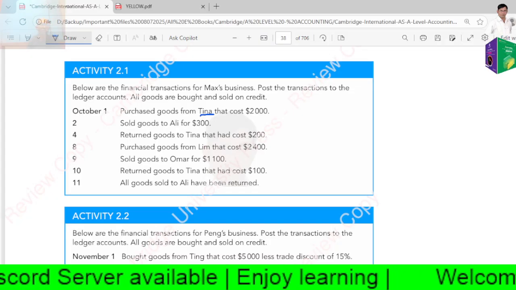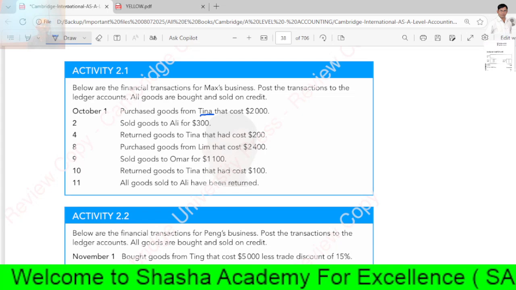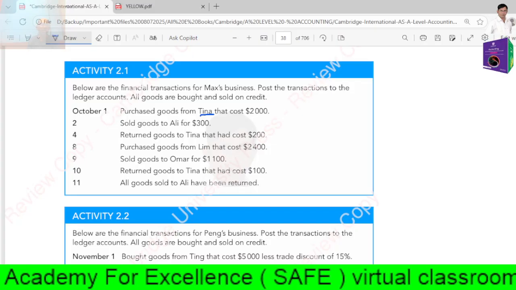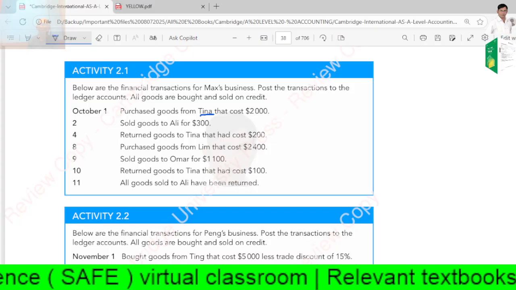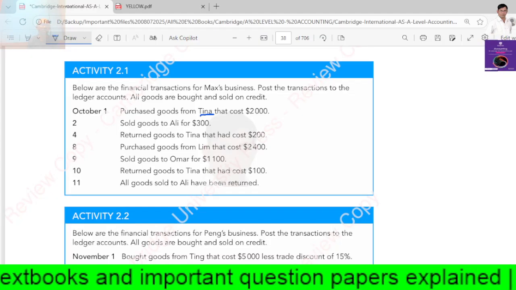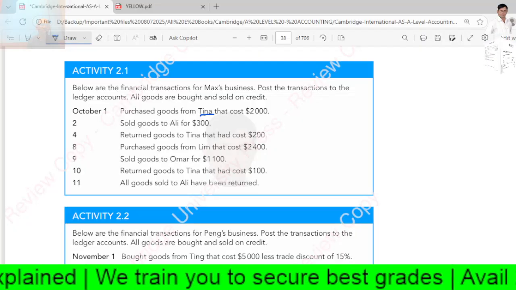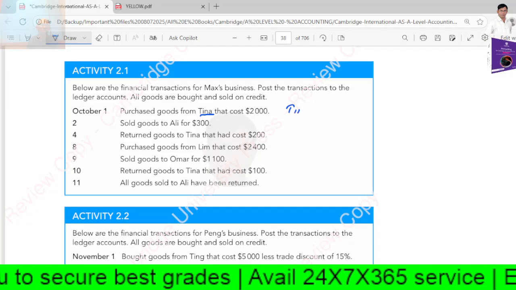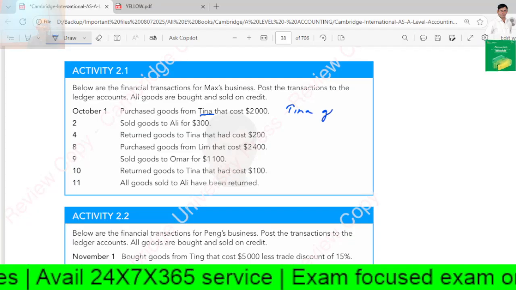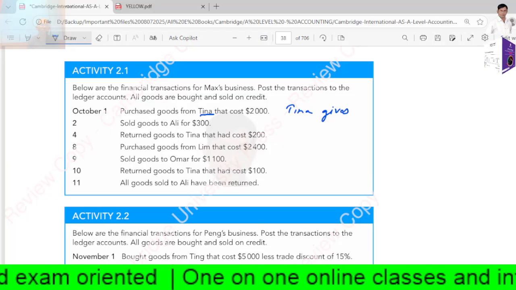So, purchase goods from Tina that cost 2000. When we purchase goods from Tina, Tina is the account that gives, right? Tina gives. When we purchase, obviously Tina gives.